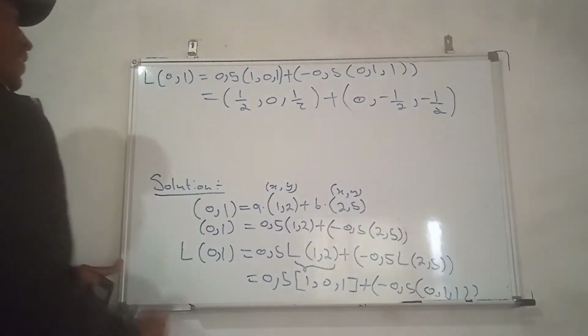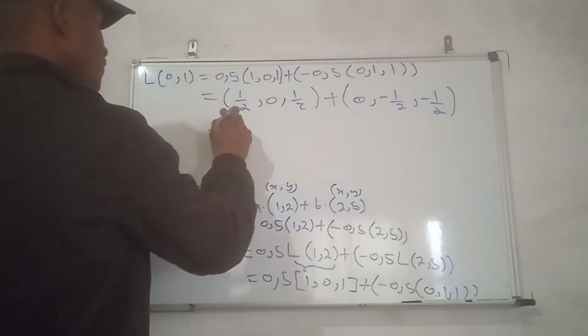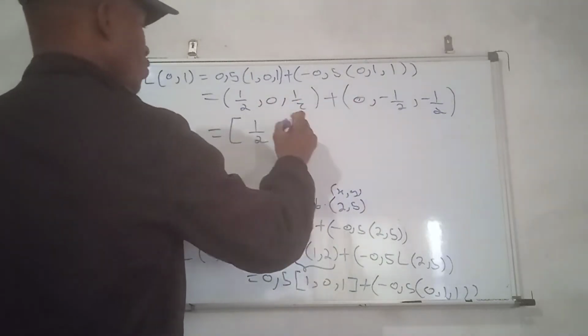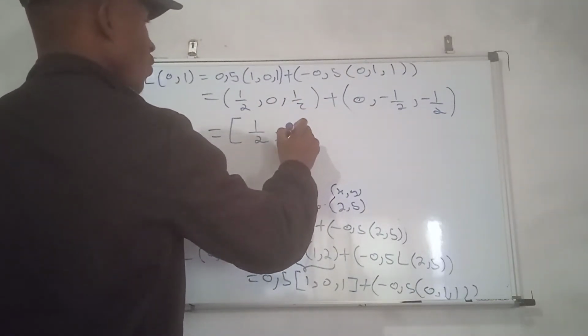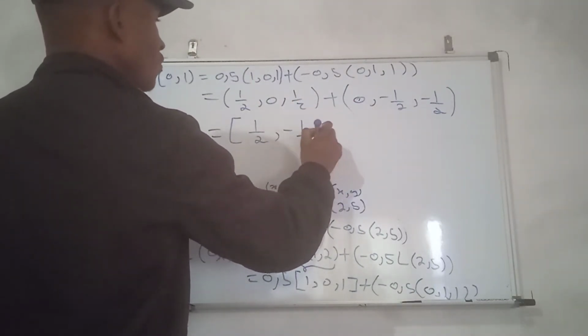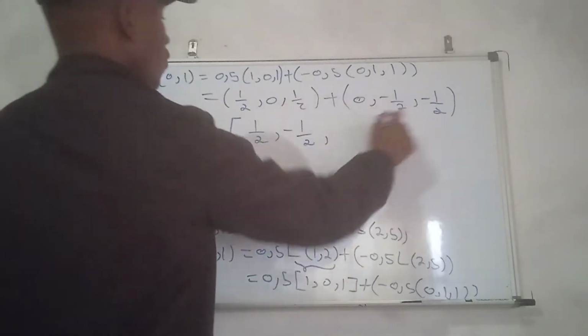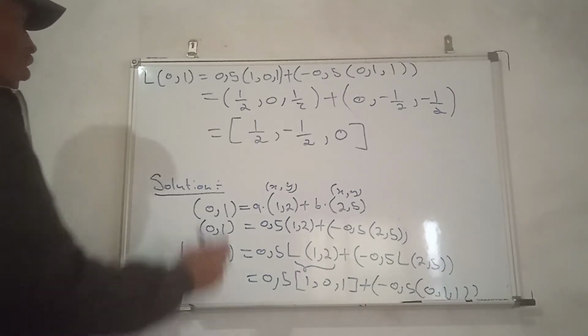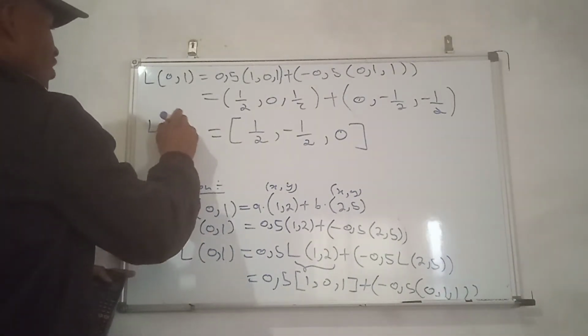So if I add, 0 plus this one is the same as 1 over 2, and then 0 plus that one is the same as minus 1 over 2, and then this and that one is the same as 0. So this is our L(0, 1).